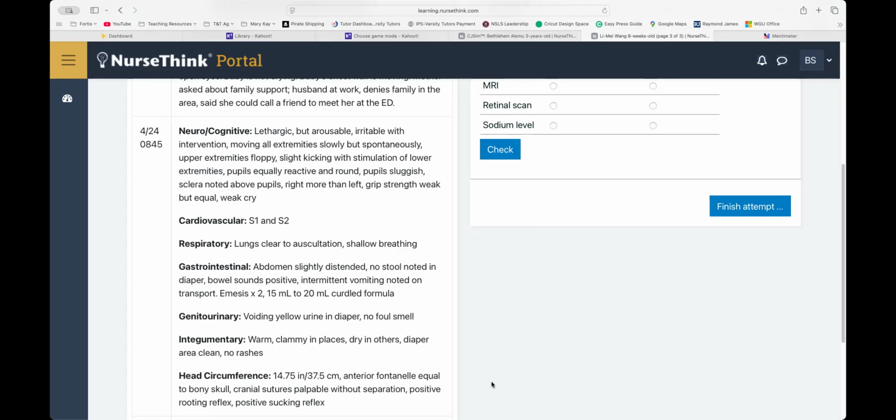What other abnormal things do we see in her assessment? Her pupils are sluggish and her grip strength is weakened. She has shallow breathing. Her abdomen is slightly distended. She's warm and clammy. Sometimes that can be normal in infants, sometimes abnormal.